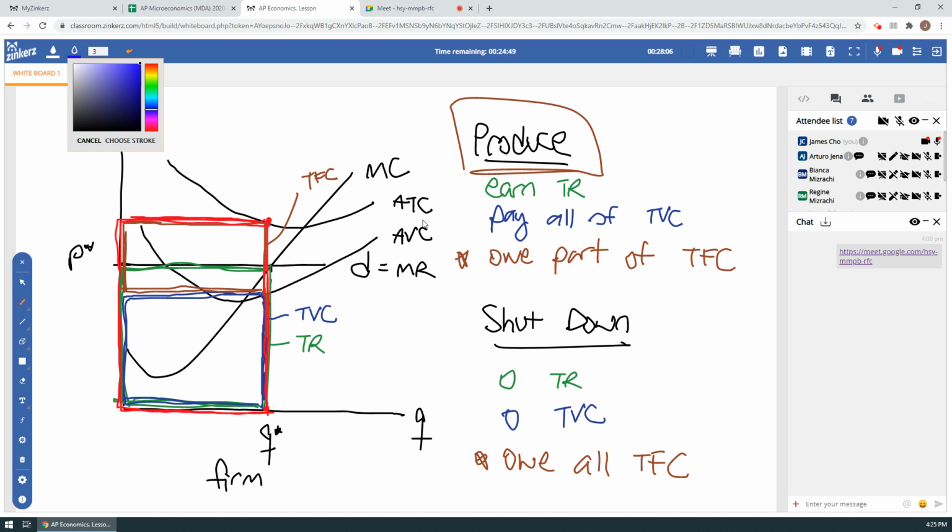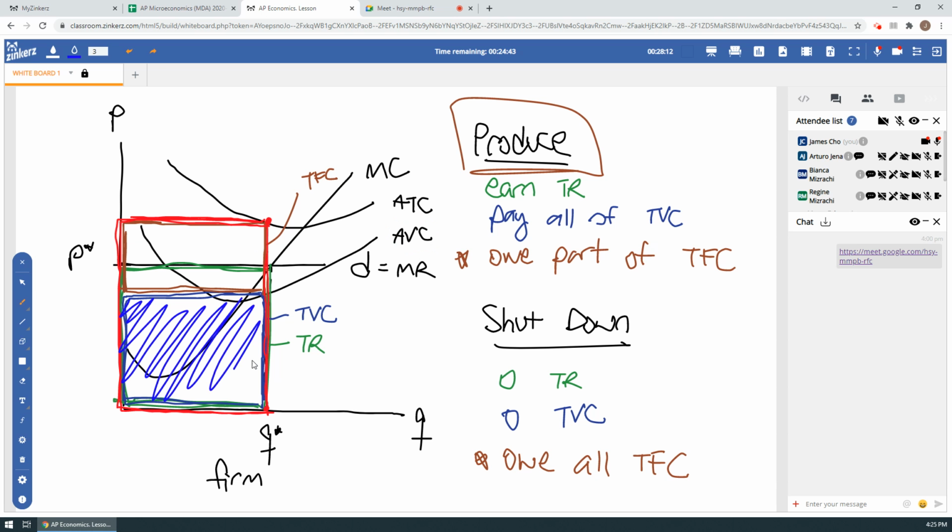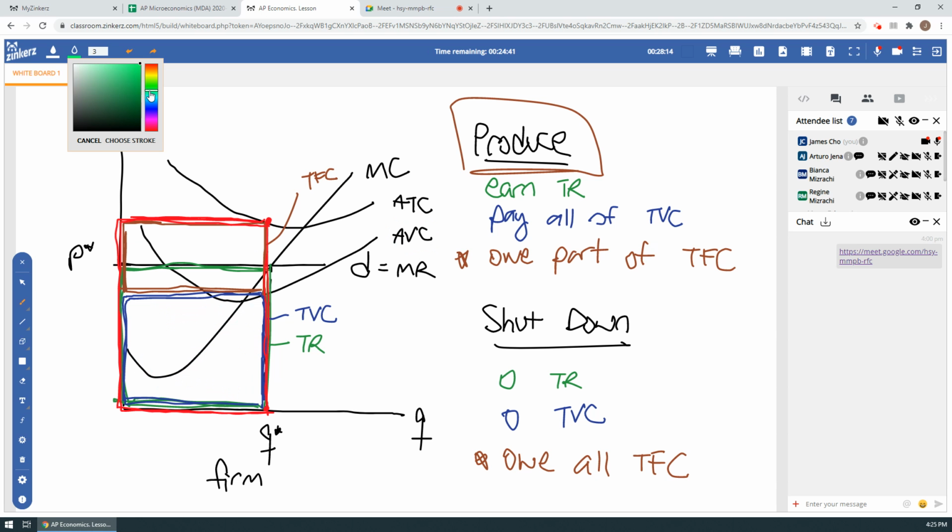But then because I drew in this average variable cost, I was able to split up that red box into this area worth of variable cost and this area worth of fixed cost. So that's why we draw in the average variable cost curve, to split up the total cost into fixed and variable.